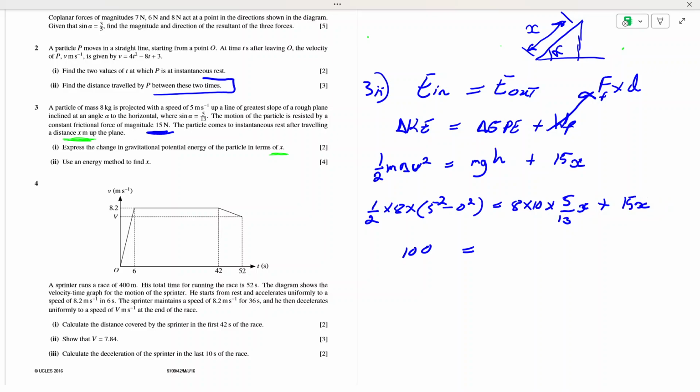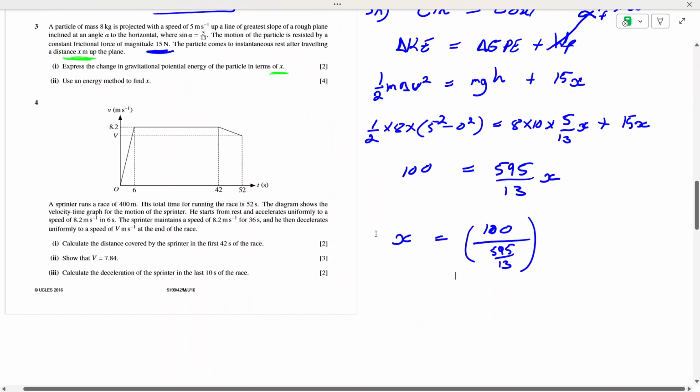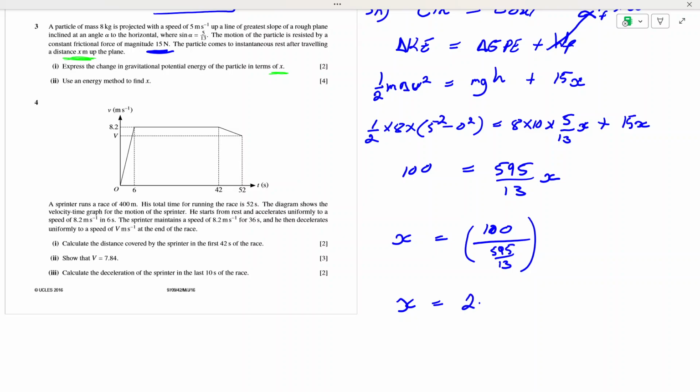I can multiply that and then simplify. When I do that, I get 595 over 13 x, and then x is just going to be equal to 1 divided by 595 over 13, like that. When I do that, I'll get my x is 2.18 meters to 3 significant figures, like that. Okay, and then that's my answer.